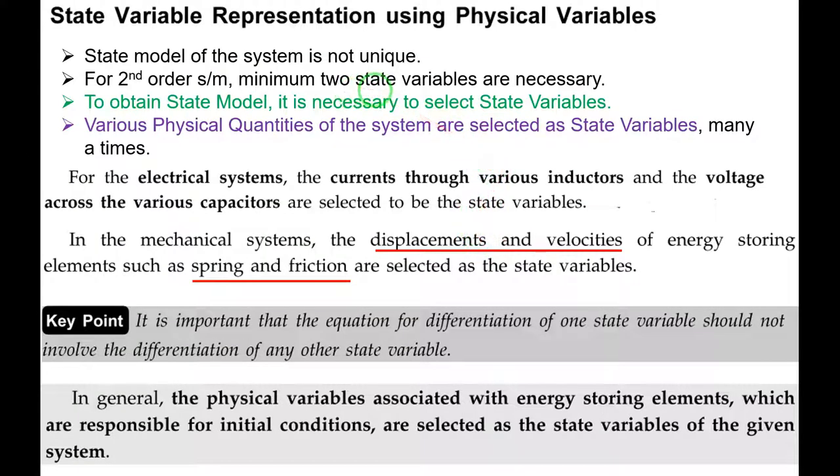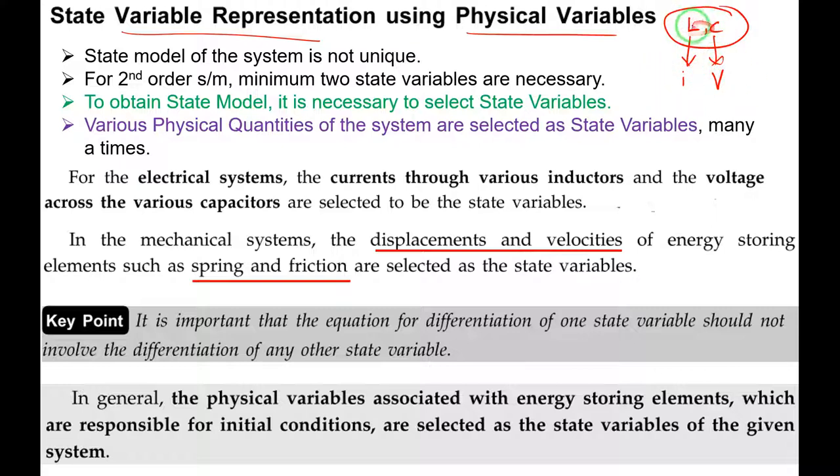The next topic is state variable representation using physical variables. What are these physical variables? For example, in an electrical system, the energy storage elements are the inductor and capacitor. These are the physical components, and the physical variables associated with them are the current through the inductor, i, and the voltage across the capacitor. So these we call physical variables.